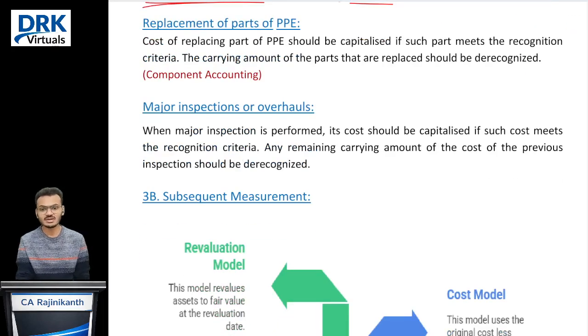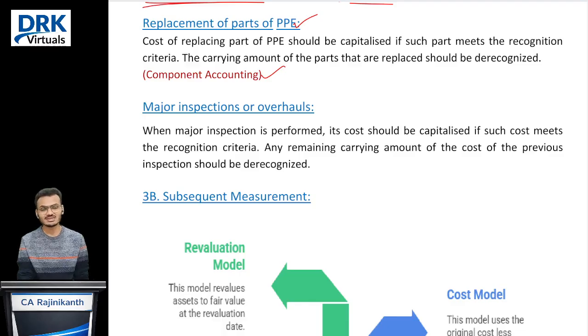And replacement of parts of PPE we can call component accounting. Suppose a machine has different engines installed, and each engine has a different useful life. In that case, we cannot take one useful life to depreciate that asset.